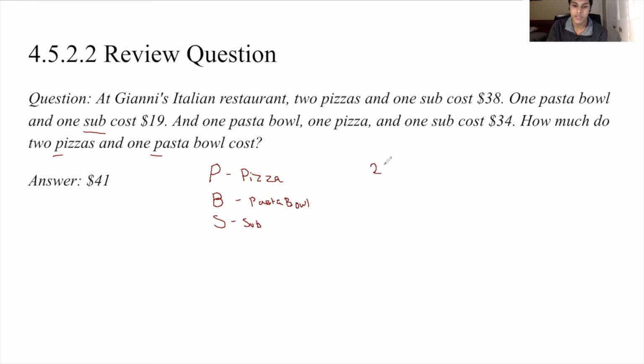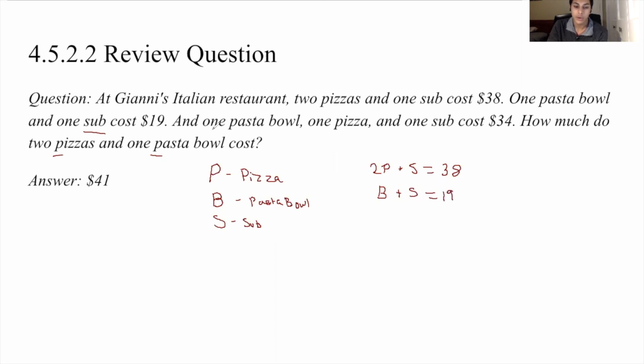So 2 pizzas, or 2 times P, plus the cost of a sub, which is S, so 2P plus S, will get us $38. 1 pasta bowl and 1 sub cost $19. So pasta bowl is B, so the cost of a pasta bowl, plus the cost of a sub, which is S, so B plus S gets us to $19.